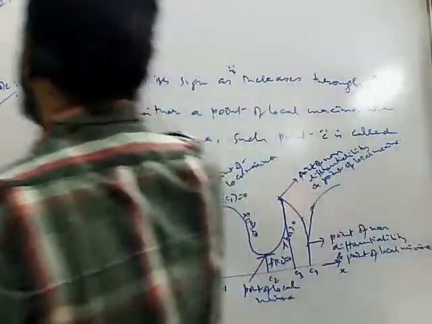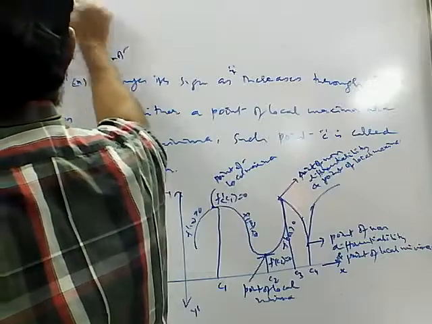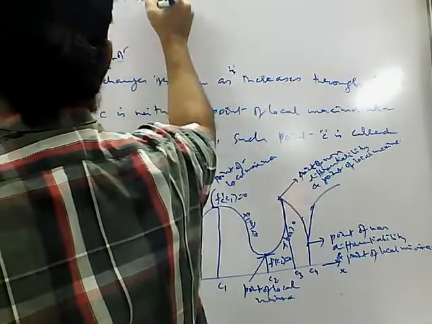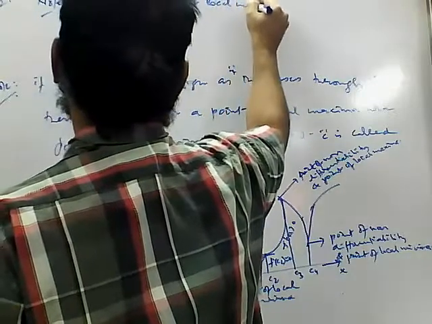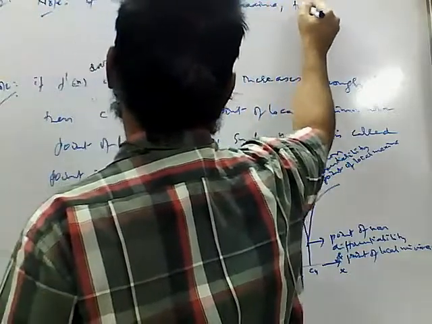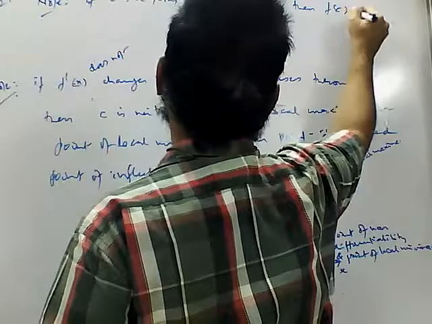Note: if C is a point of local maxima, then f of C is the local maximum value.